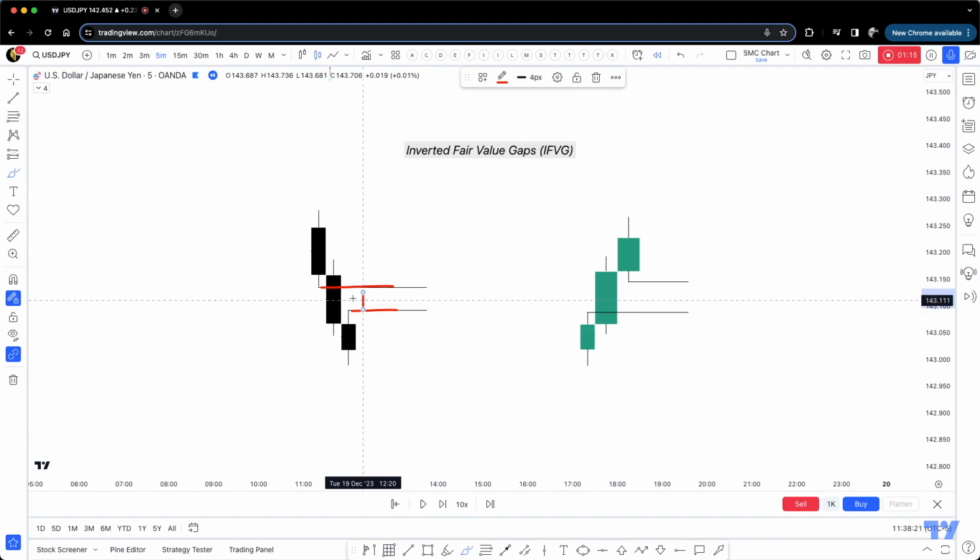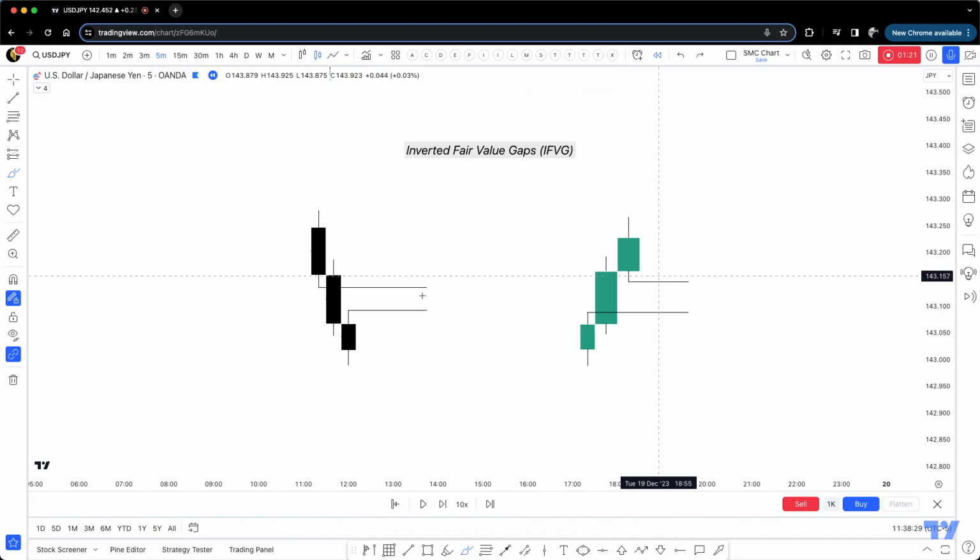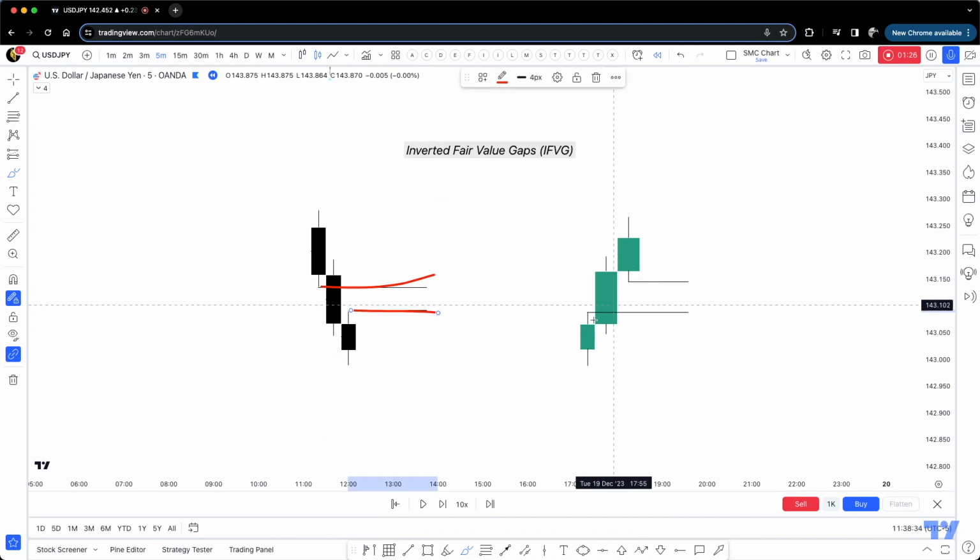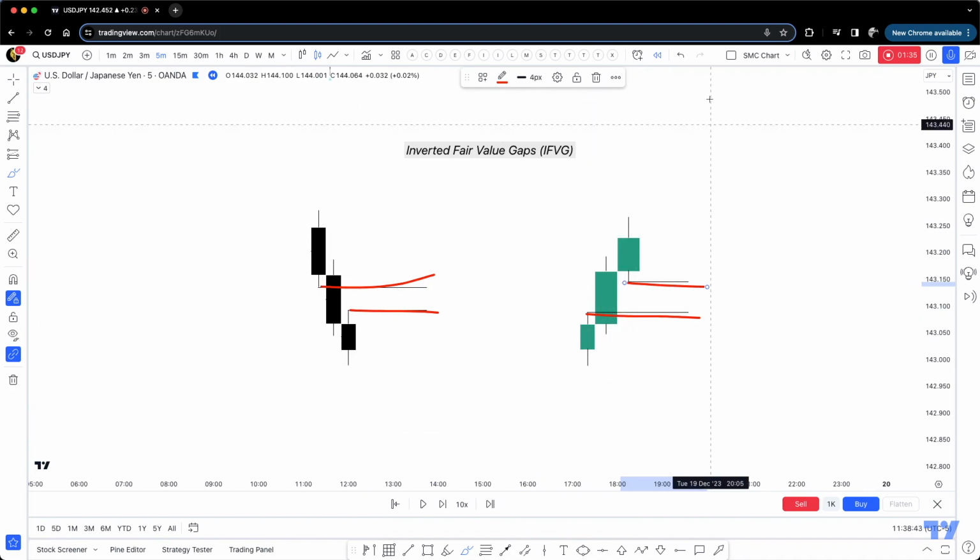This is what is called a fair value gap, also known as an imbalance. I'm sure you have heard of that before. This is a bearish imbalance or fair value gap in this area, and this is a bullish fair value gap. You need 3 candles to be formed to be able to see the fair value gap.